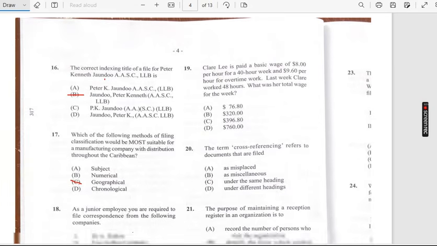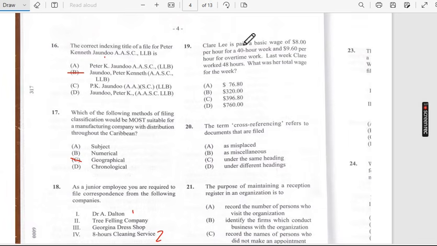Number 19, it says Claire's Lee is paid basic wage of $8 per hour for 40-hour week and 9.60 cents per hour for overtime work. It says last week Claire's worked 48 hours. What's our total wage for the week?